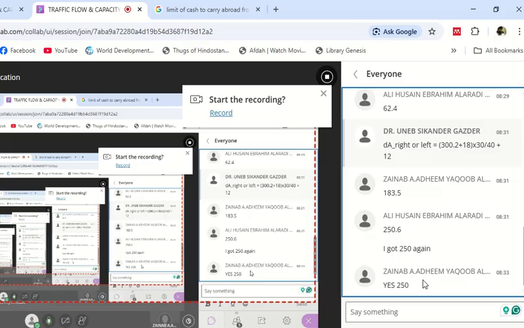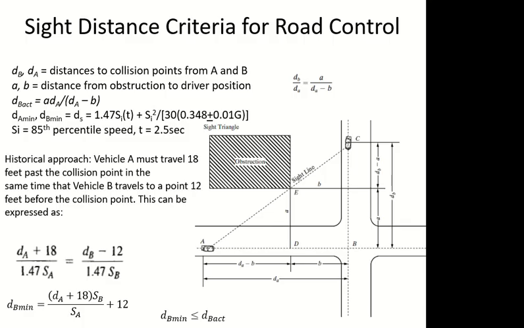If you want the required distance for DA or DB, one approach is using the side distance, the other approach is using this ratio. The side distance gives you how much it should be required, and this ratio also gives you how much it should be, and then this ratio tells you how much it is actually.